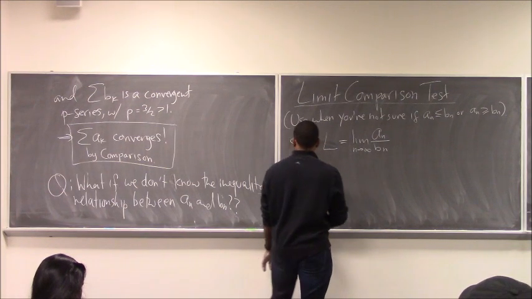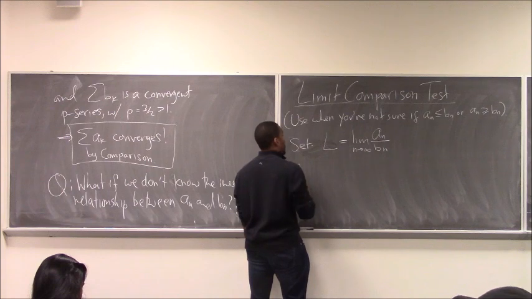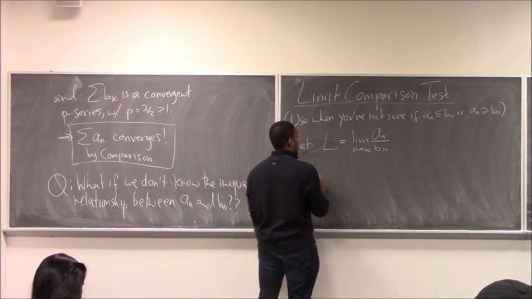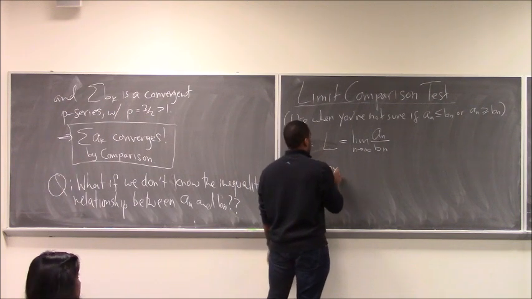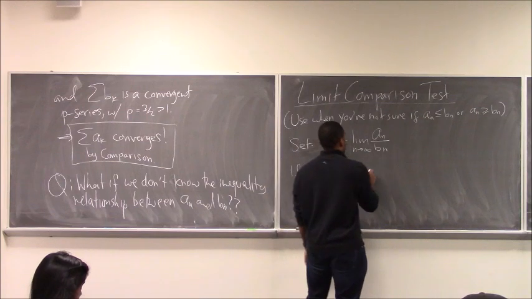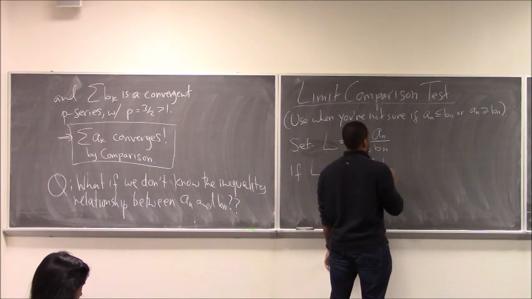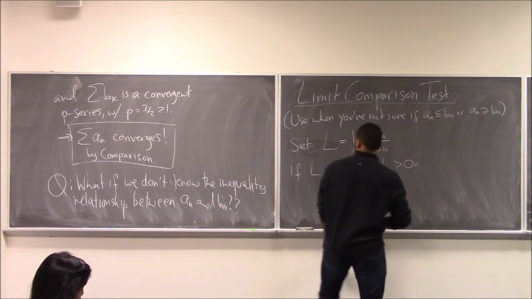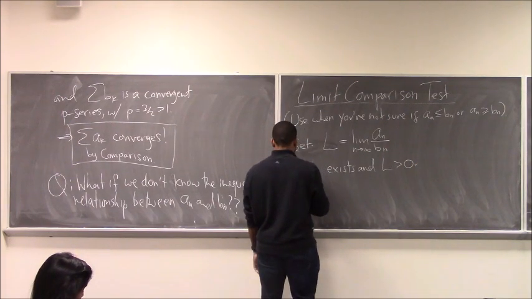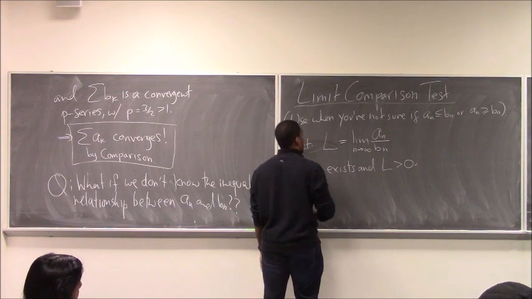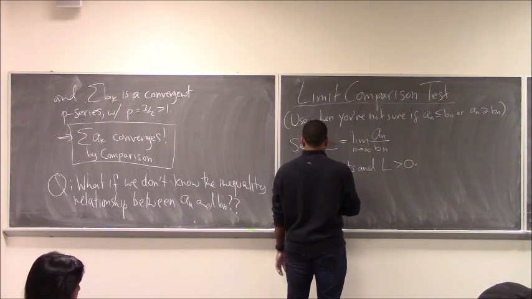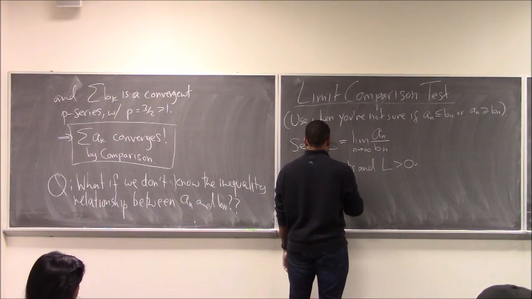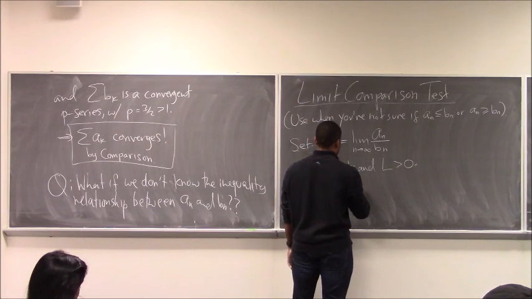And here's what's going to happen. If L exists and L is greater than 0, and I want you to note here that a_n and b_n are not equal to 0.